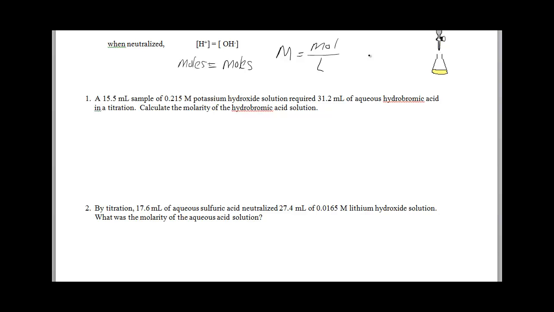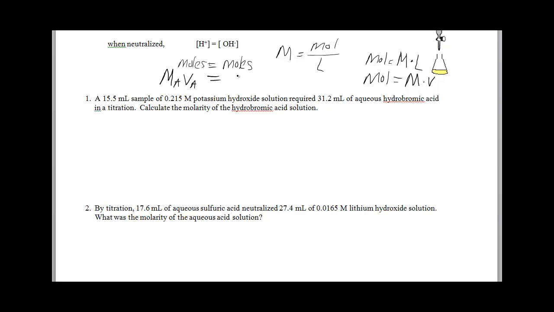How do I find moles? Moles is equal to your molarity times your liters. Well, haven't we seen this before? Maybe just a different version. Moles is molarity times volume. Let's plug this in over here. So the moles of my acid would be the molarity of the acid times the volume of the acid.